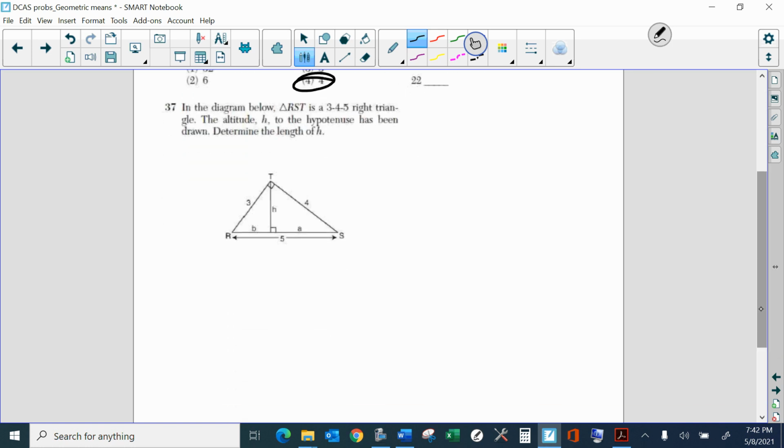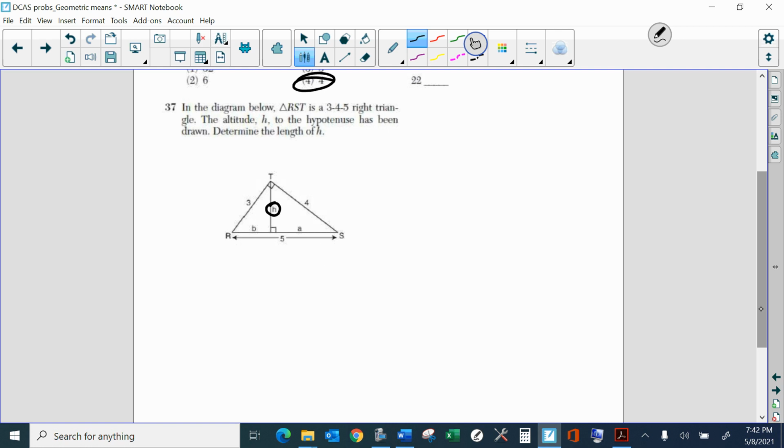In the diagram below, RST is a 3, 4, 5 Pythagorean triple, of course. Altitude H to the hypotenuse, determine the length of H. So we want that length right there. First off, I can't use h squared equals x times 5 minus x because it's two variables.